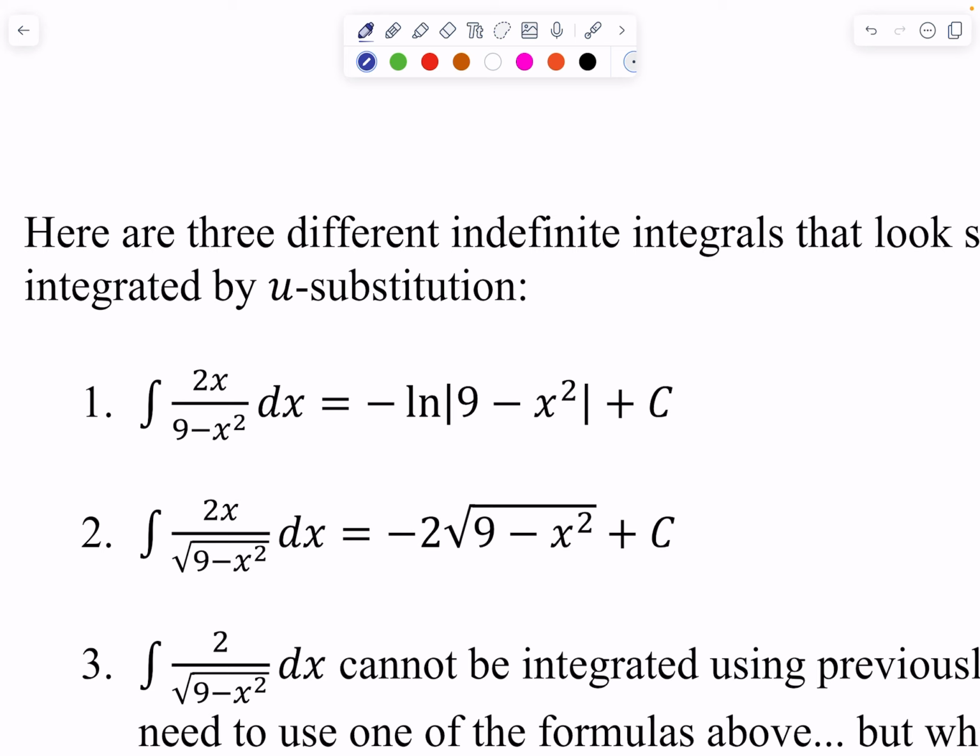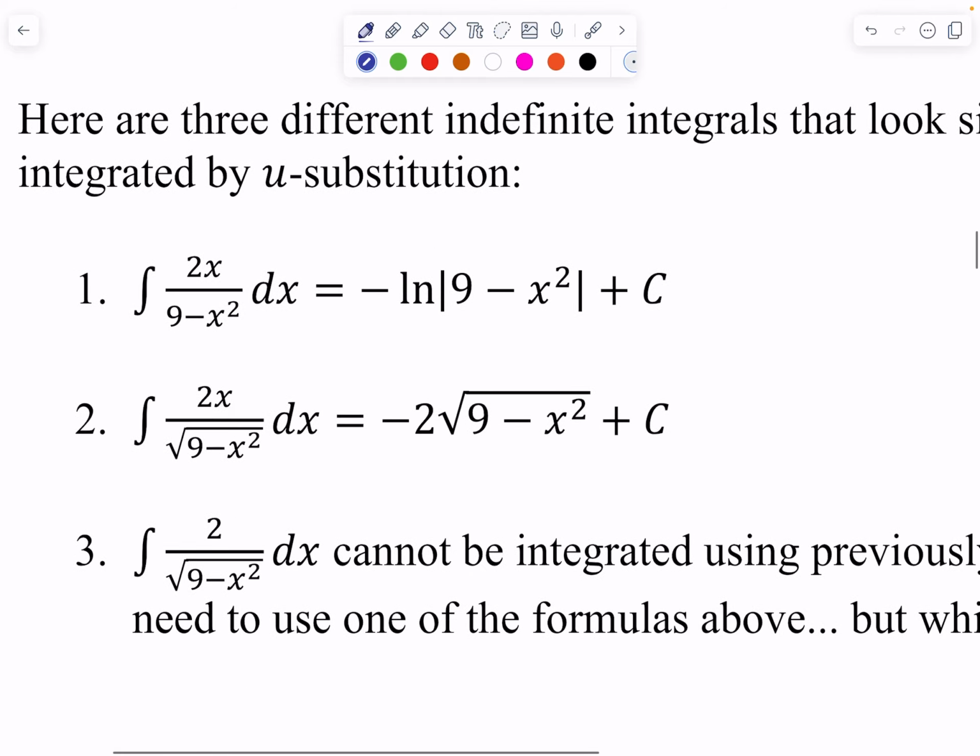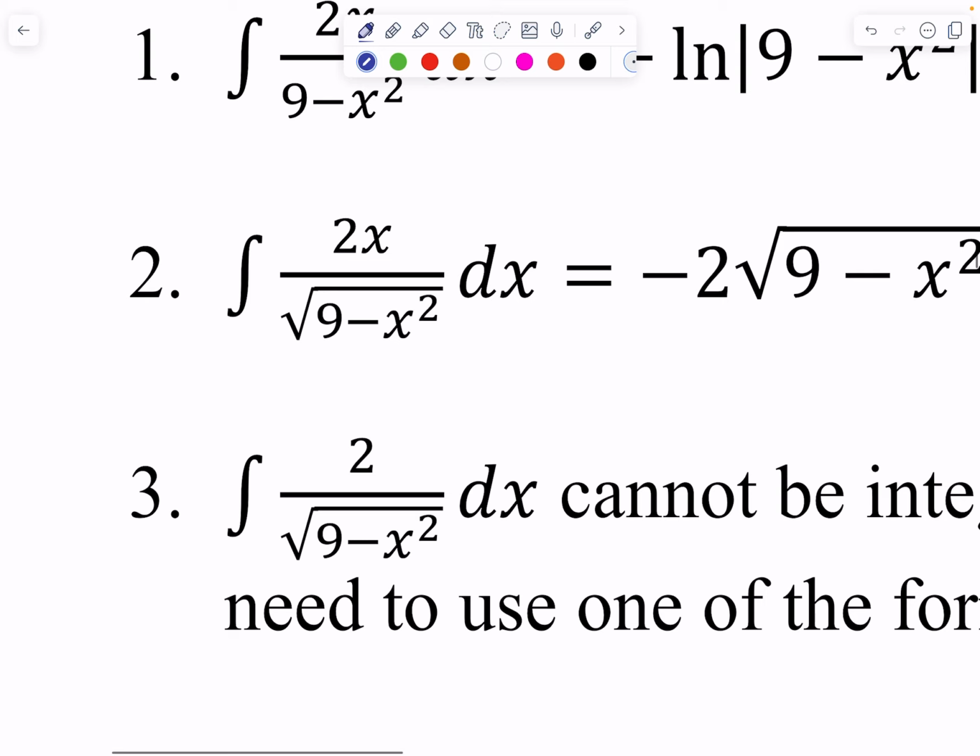The second one, we would also be able to do a u sub, and it will work out. And then number 3, it looks so similar to number 2, but if you tried to do a u sub, you would be stuck. Before us learning the derivatives of the inverse trig functions and talking about the formulas that were on the first page, we wouldn't be able to integrate this, but we are now.